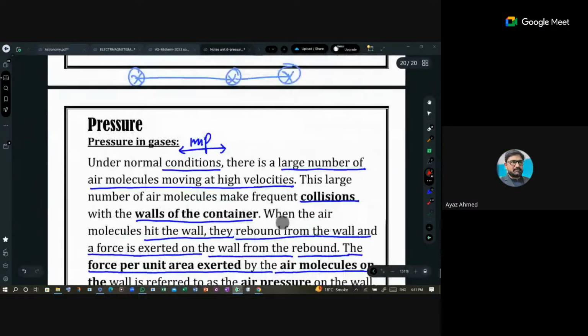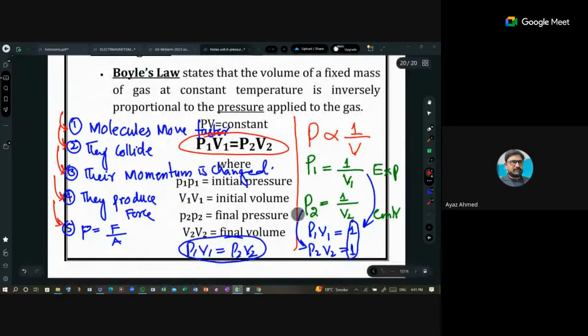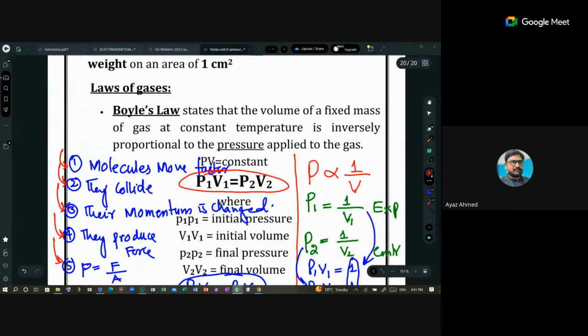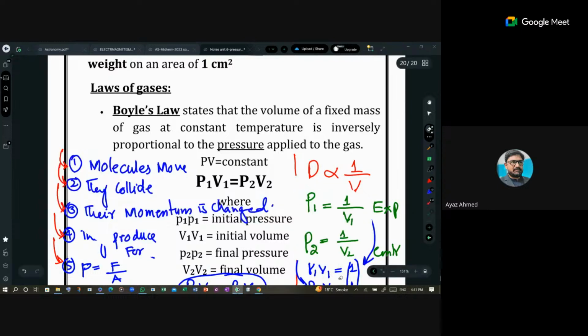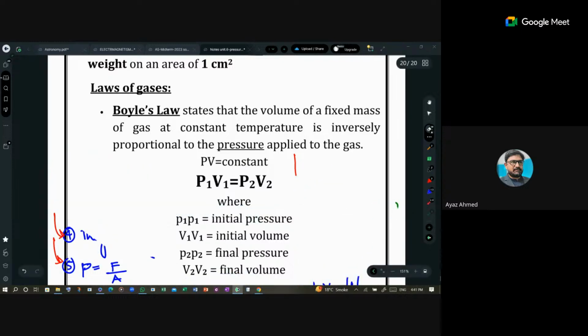Okay. Remember one more thing: when we talk about the pressure of gases, volume, pressure, and temperature are all properties of the gas. The volume of the gas is inversely proportional to its pressure.